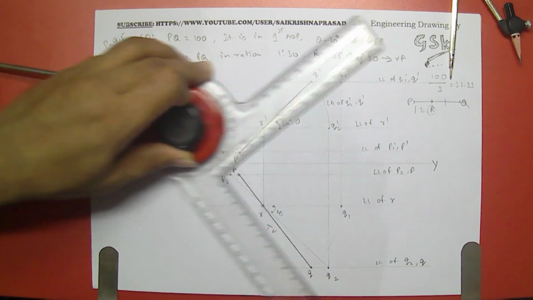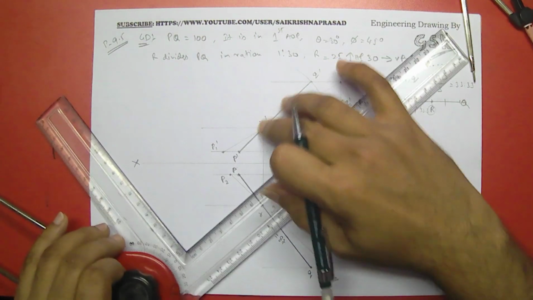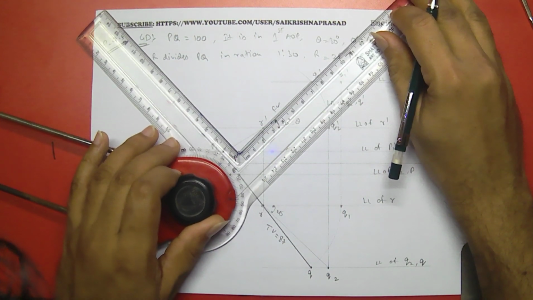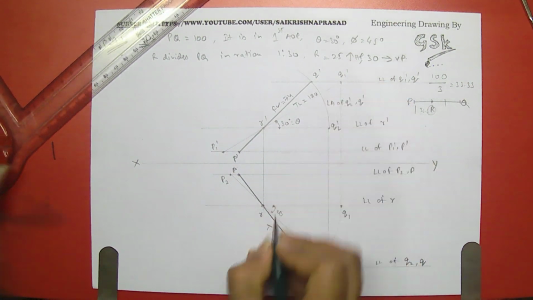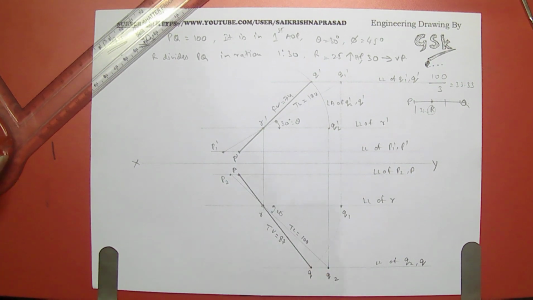This is 87, and this is the front view. Front view is 74, and true length is already given, that is 100 mm, and this is also a true length and it is given as 100, right?